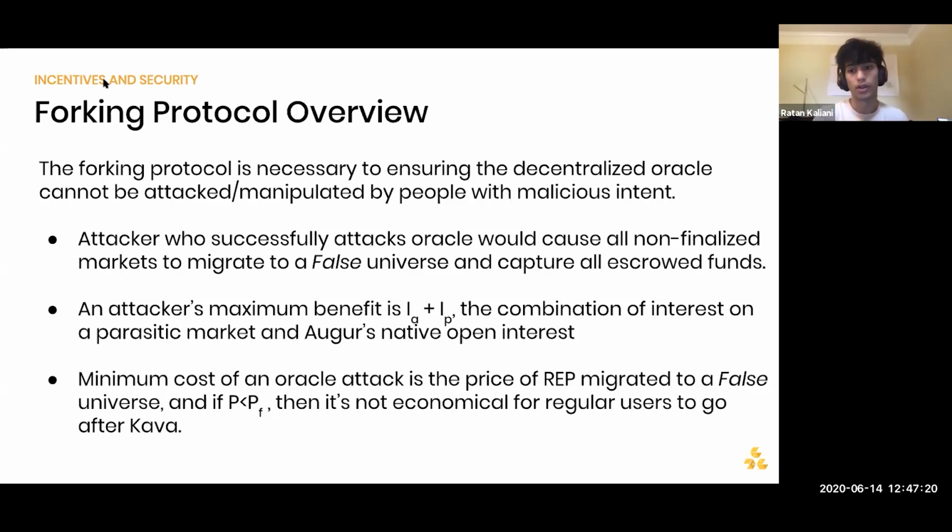I'll touch on the reporting fee later, but essentially the reporting fee is set at a specific rate, and then as the market shifts, the reporting fee changes as the market cap corresponds to the amount of reputation staked on the platform.